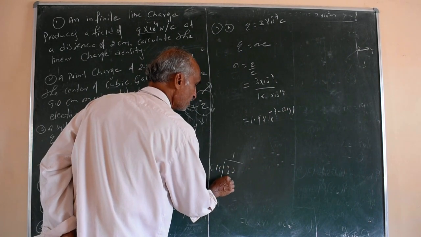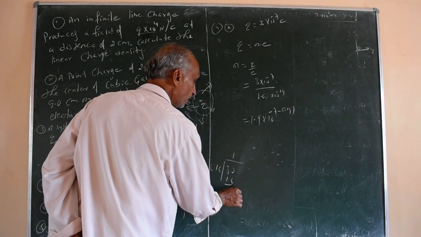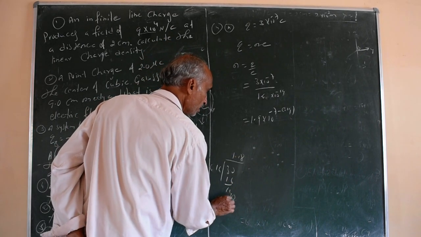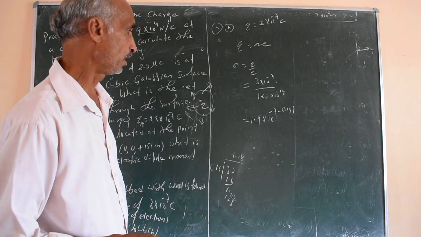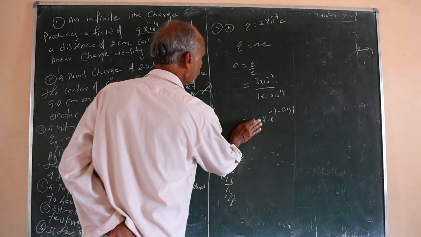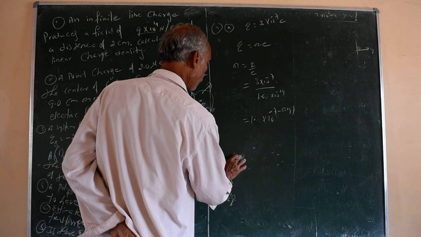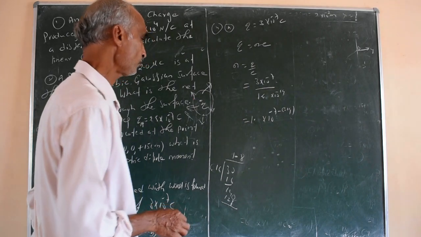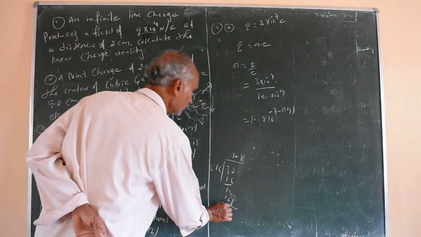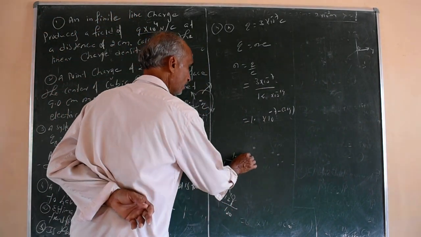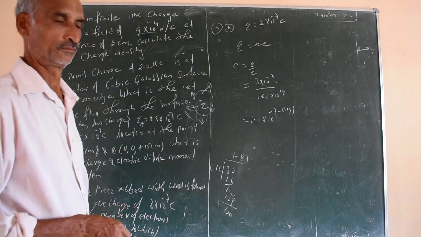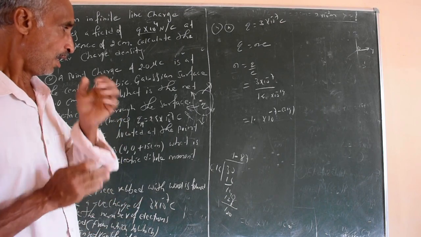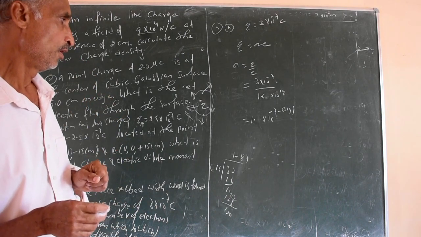Therefore 16 ones are 16, 14 left. Then 140, 16 eights are 128, then 12 left, 120, 16 sevens are 112.